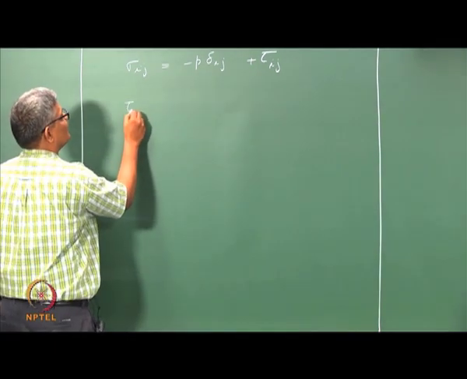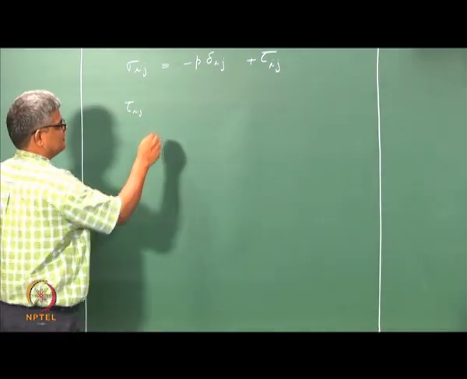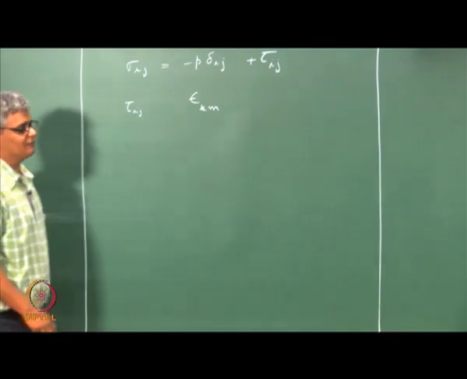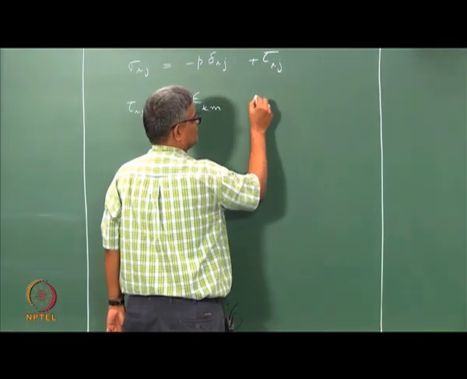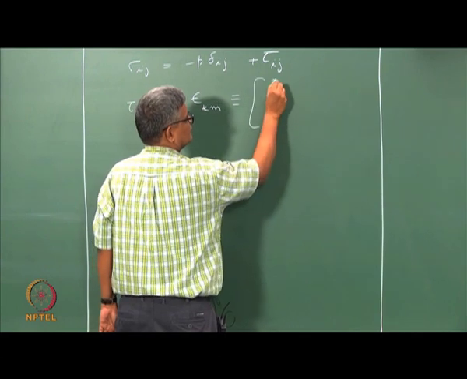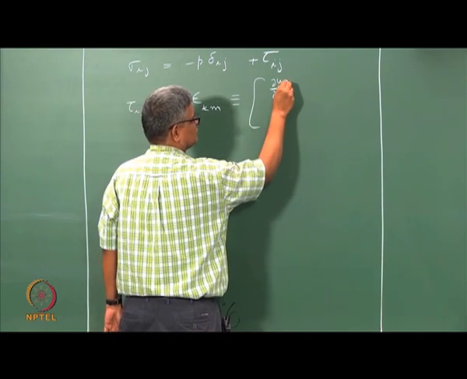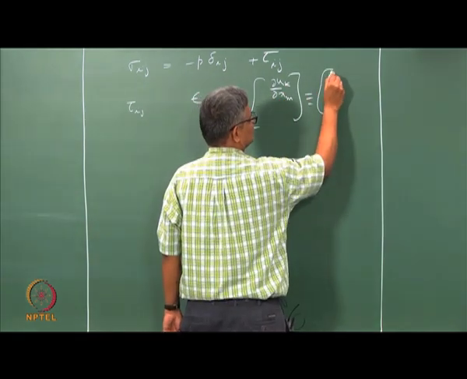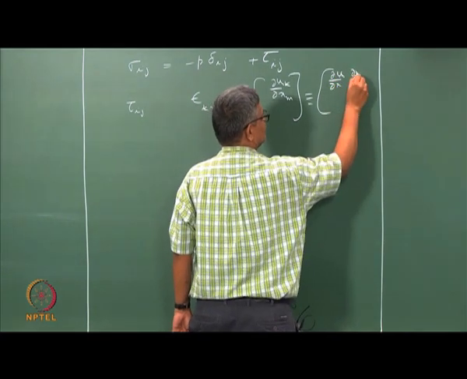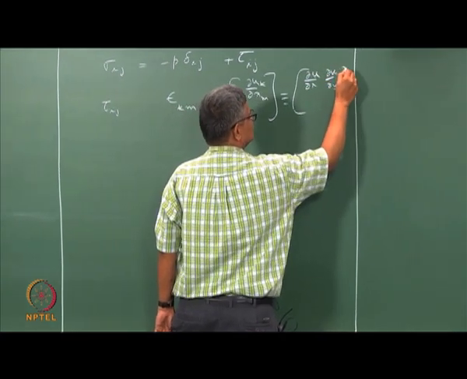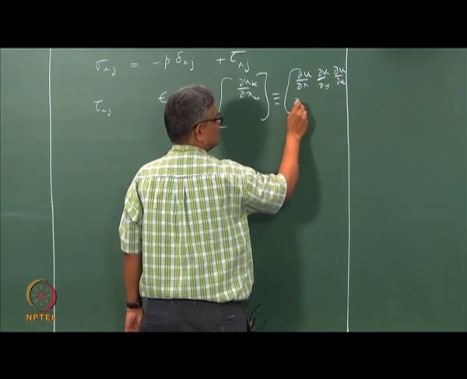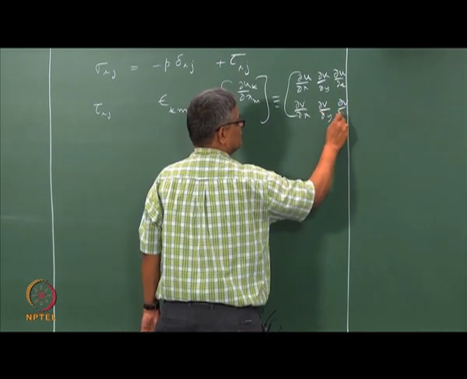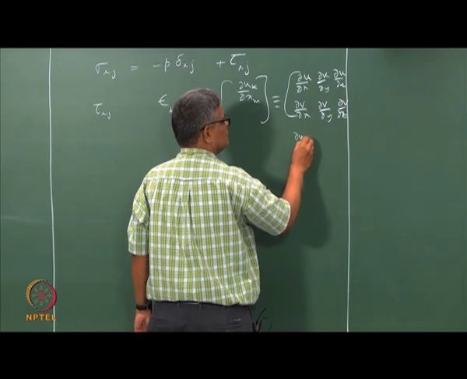And given that a relative motion produces strains, the strain rate is given by dou u_k by dou x_m in the general case. This can be written as dou u by dou x, dou u by dou y, dou u by dou z, and similarly dou v by dou x, dou v by dou y, dou v by dou z, and dou w by dou x and so on.